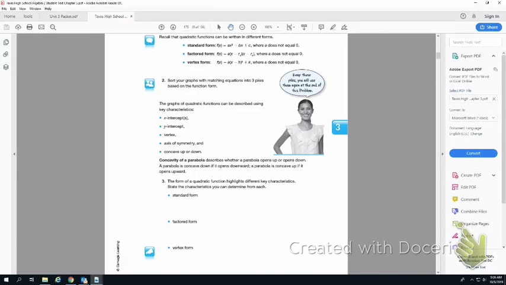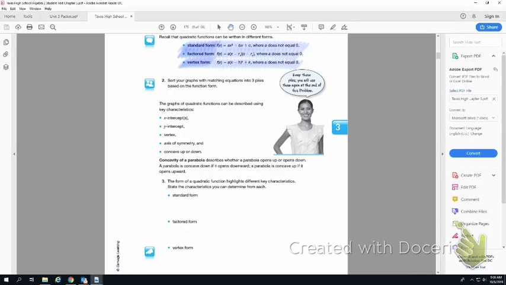So at the very top, you've got these three forms: standard, factored, and vertex. The reason why we have three of them, again, is we're going to get different pieces of information from different forms. What you need to know as far as identifying them is just know what they look like.